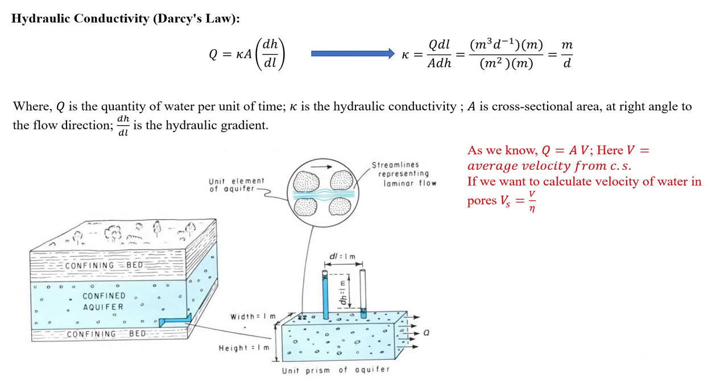Before solving the question, let's see one important point called Darcy's law. I think most of you know what Darcy's law is. Darcy's law says velocity is directly proportional to the hydraulic gradient.